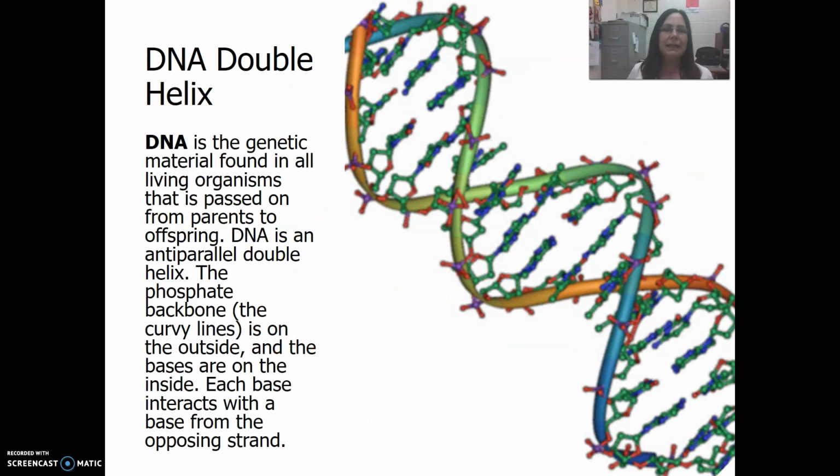The structure of DNA is, sometimes we call it a twisted ladder or a double helix. In other words, it's double-stranded. The phosphates and the sugars form the sides of the ladder, the backbone.